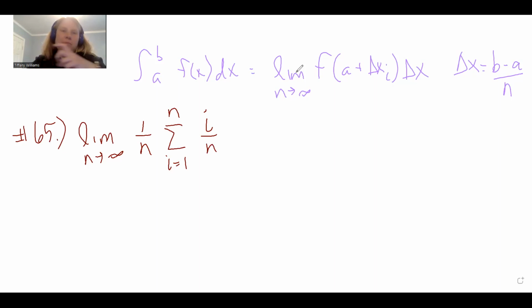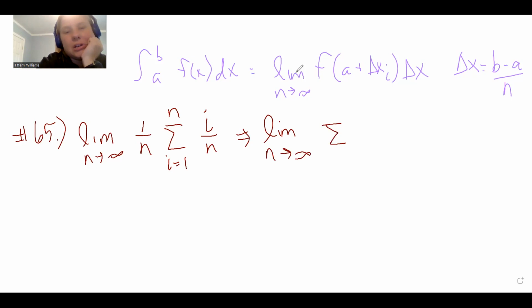You notice how they pulled the 1 over n out front? The 1 over n could actually have stayed in your summation. So we technically could write this statement as the limit as n approaches infinity of the summation of i equals 1 to n of i over n, times 1 over n. So that's another way to do that.